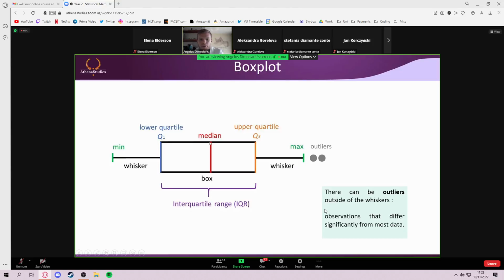Then we have another box. You have the median here, the value that divides the sample into two equal parts. This is the line inside the box, and the line that closes the box is the Q3, or the upper quartile, the person at the 75th percentile. So again, if you have 100 participants, this will be the value of the person at position 75. And then you have another whisker, and then you have a max.